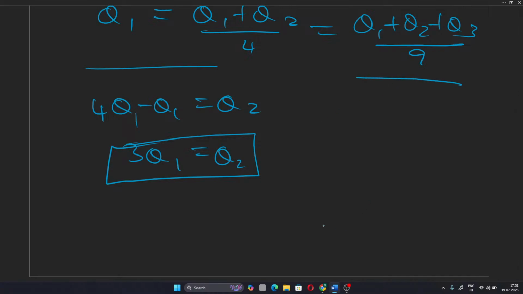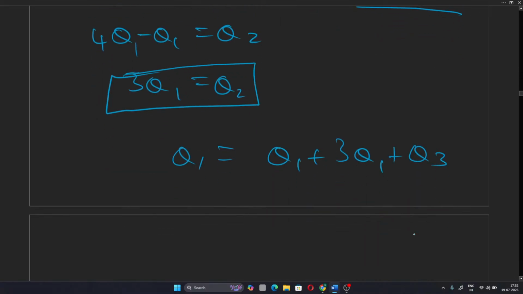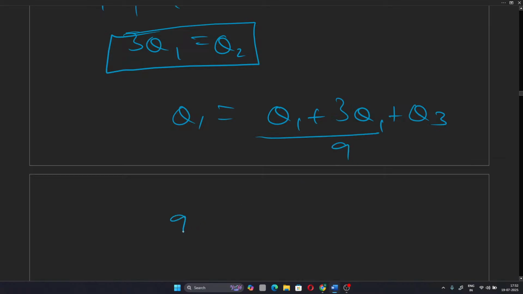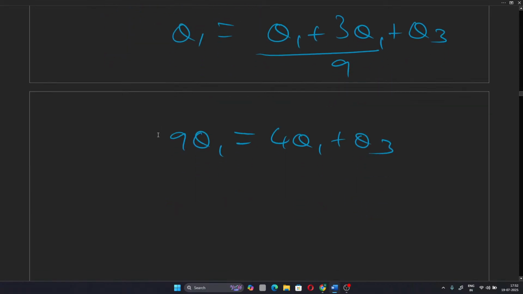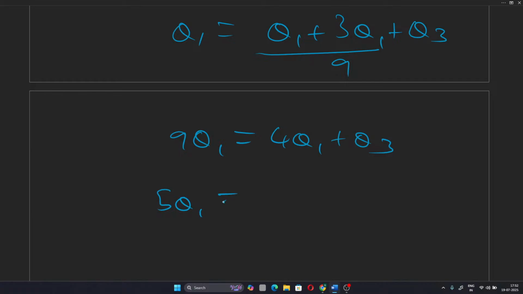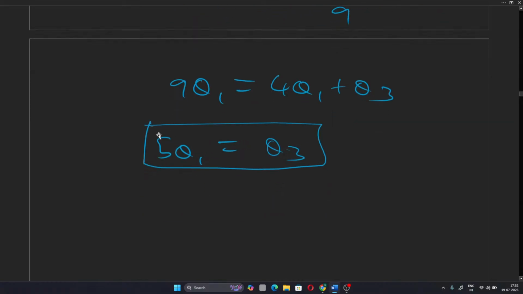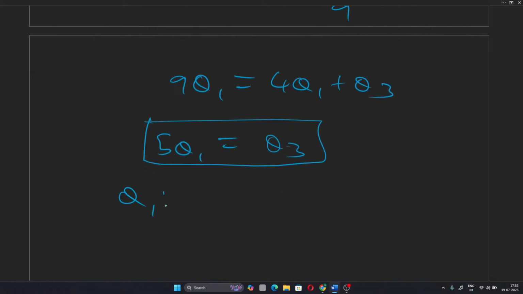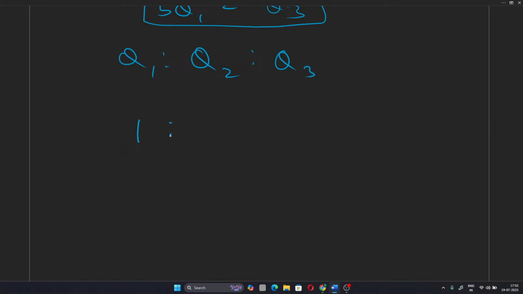From this one we will get q1 equals q1 plus 3q1 plus q3 by 9, so 9q1 equals 4q1 plus q3, so 5q1 equals q3. From this we will get that the ratio q1 is to q2 is to q3 equals 1 is to 3 is to 5. This is due to induction when induction is applied.